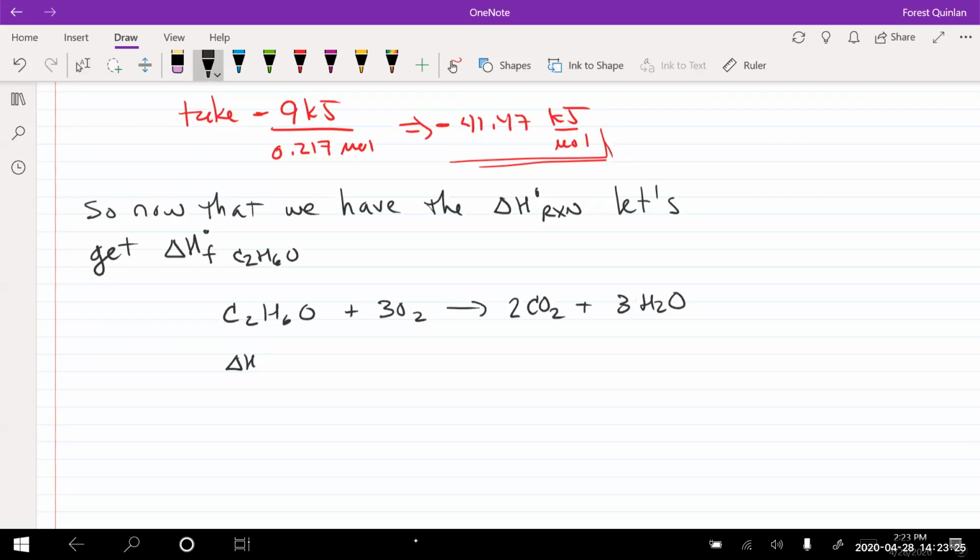We're looking for this delta H naught of formation. We know that this one is 0. We know that the carbon dioxide is negative 393.5 kilojoules per mole, and the water is negative 241.8 kilojoules per mole.